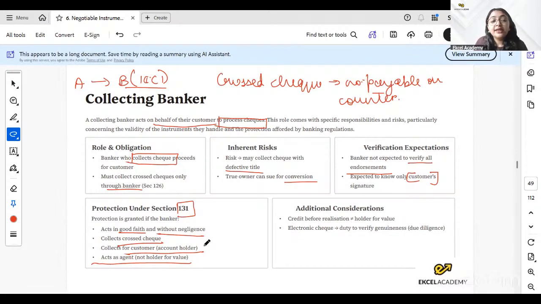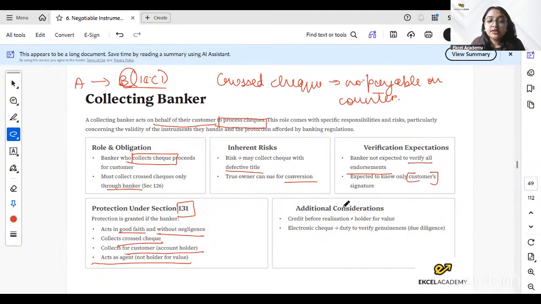They collect for their customer, B, and act as an agent, not a holder for value. That is, ICICI Bank is merely collecting the amount from A's account and depositing it into B's account. ICICI Bank will get nothing out of this whole transaction. It is merely an agent who holds the amount on the customer's behalf.